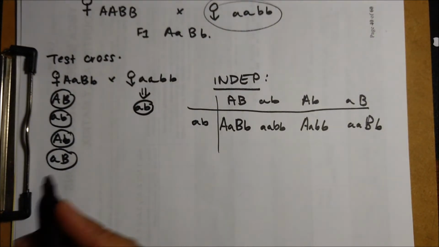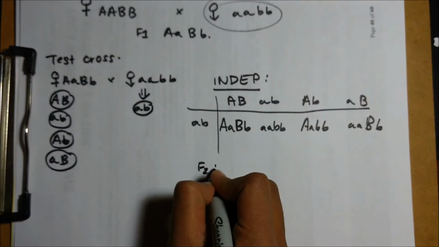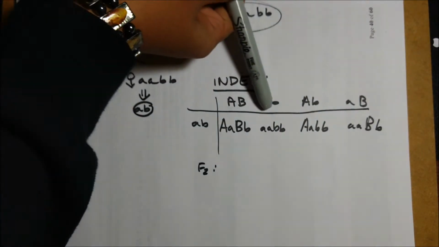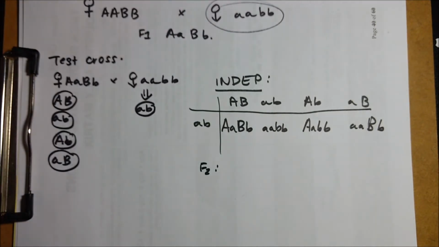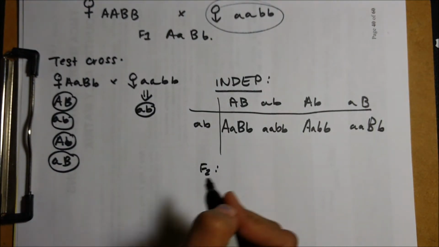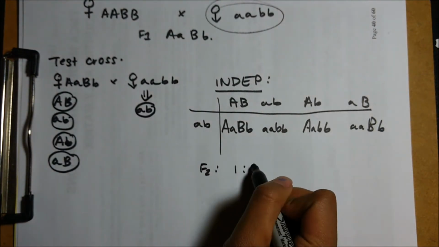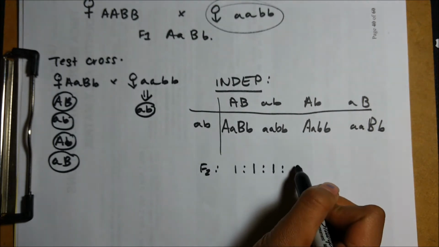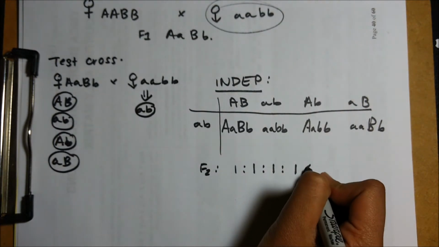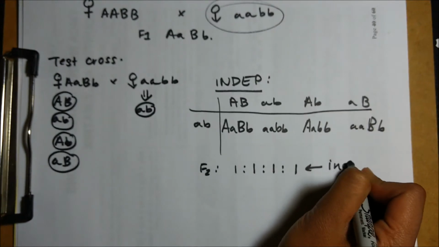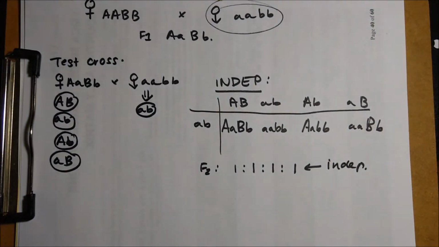In the F2, all 4 of these have 4 different genotypes. So the ratio would be 1 to 1 to 1 to 1. Independent. Now let's assume that dependent occurs.